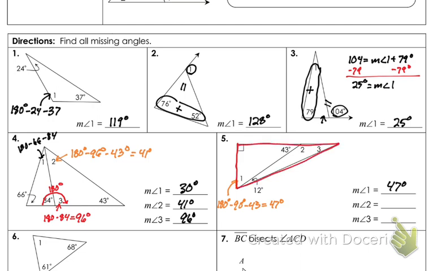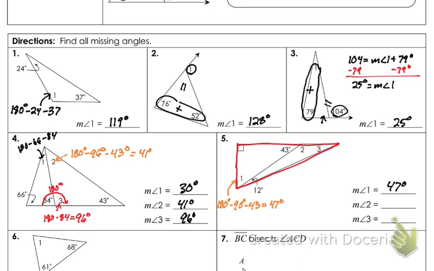Do you see that red triangle I drew? We know this is 90, right? Don't we know this whole angle too? Yeah, because we know one is 47, and we know this one's 12.